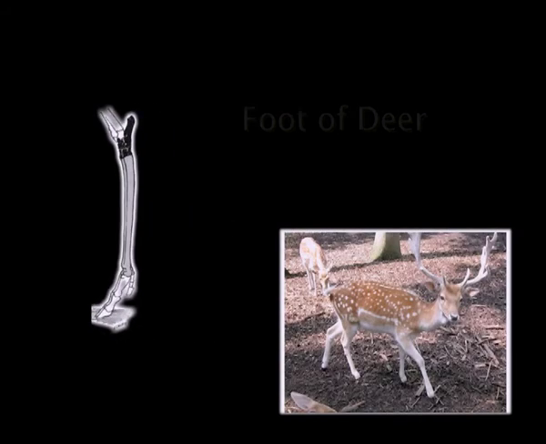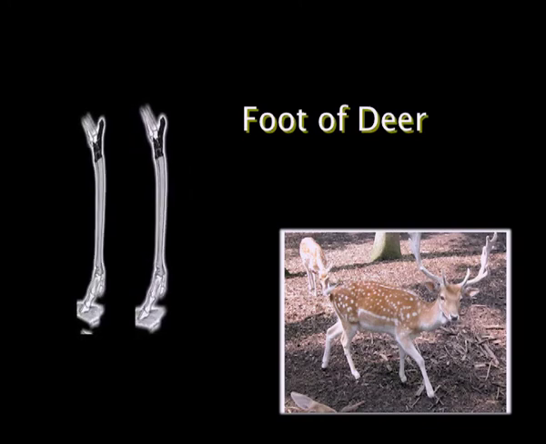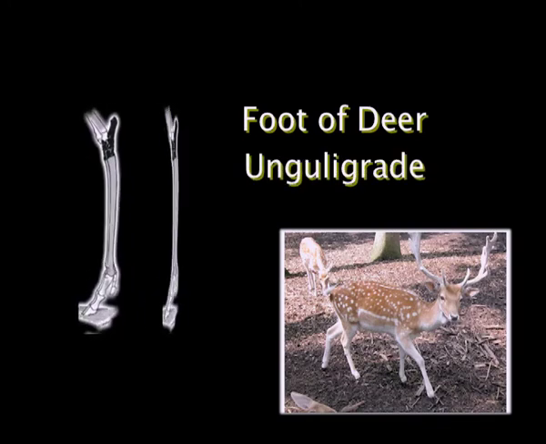Deer walks and runs on tips of toes or hooves touching the ground. Hoofed mammals are known as unguligrades, or they who walk on tips of toes.